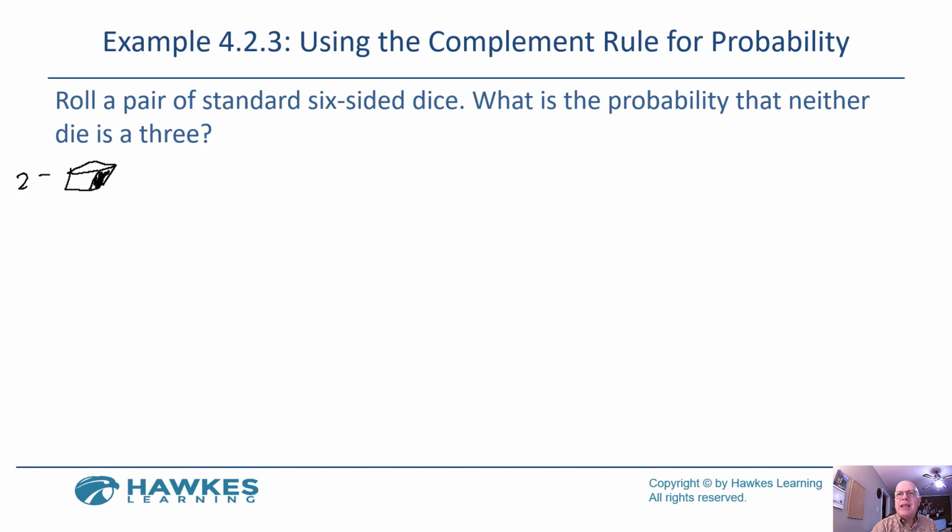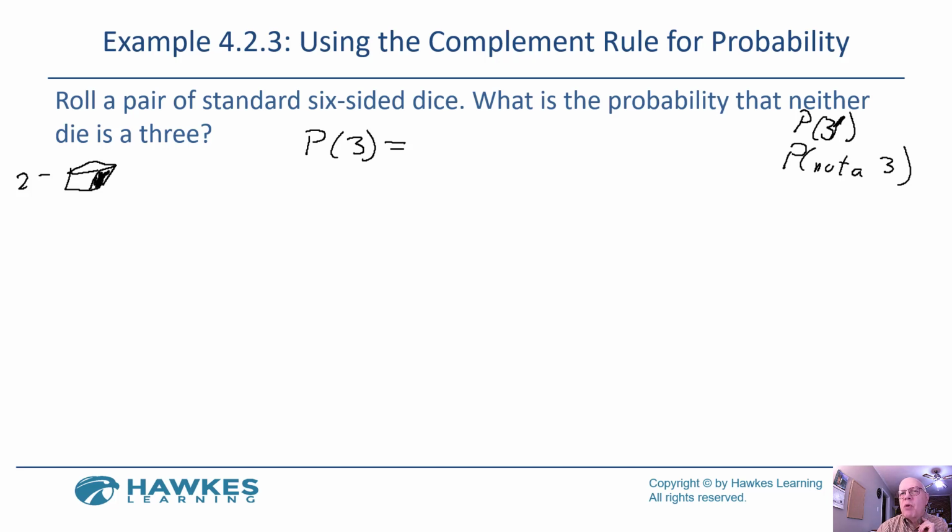What's the probability neither die is a 3? Well, this is one case where you want to sort of sneak up on the answer. So first of all, what's the probability of a 3? Because what we want is the probability that it's not a 3. So, the sneaky way of doing it is find the probability of 3. Well, how can you get a 3?